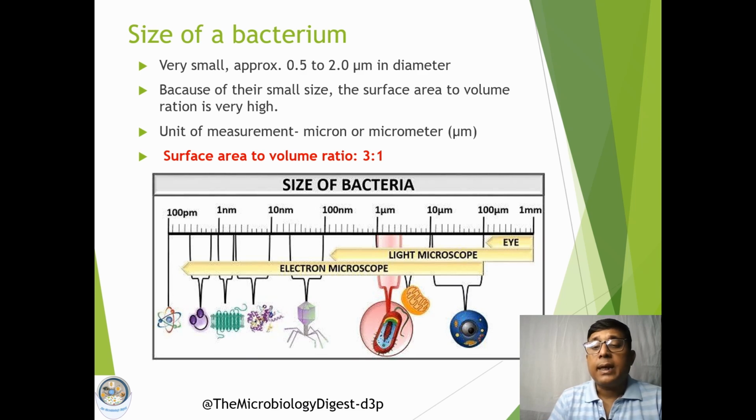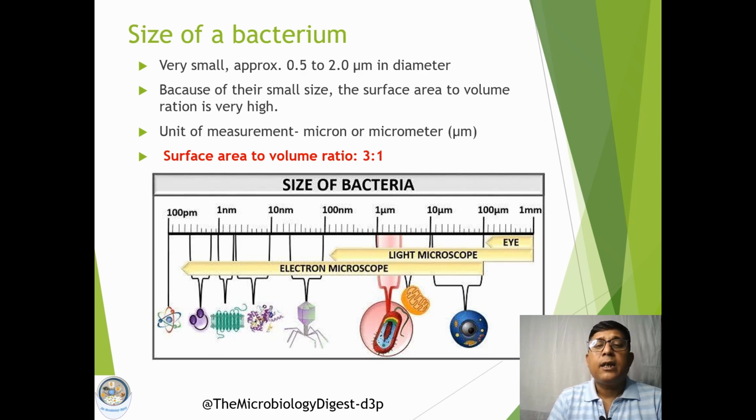Now first is the size. We have already discussed many times that bacteria are very small, approximately 0.5 to 2 micrometer in diameter. This is an average size, but there may be some bacteria which are bigger. The surface area to volume ratio is very high in case of bacteria. When we compare it to the eukaryotes, their ratio is very small.